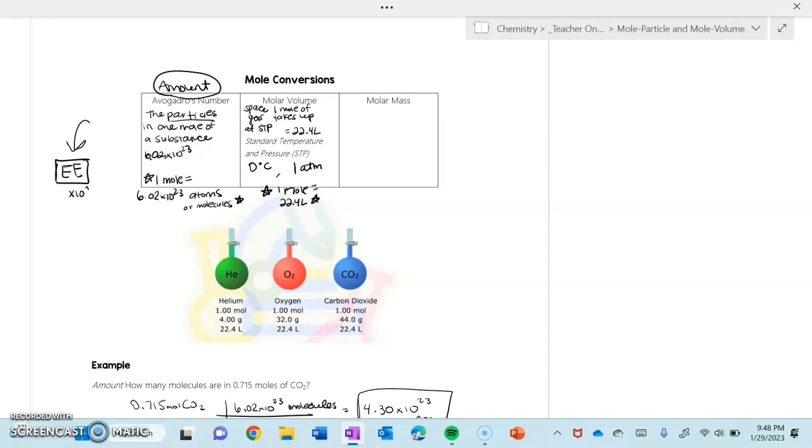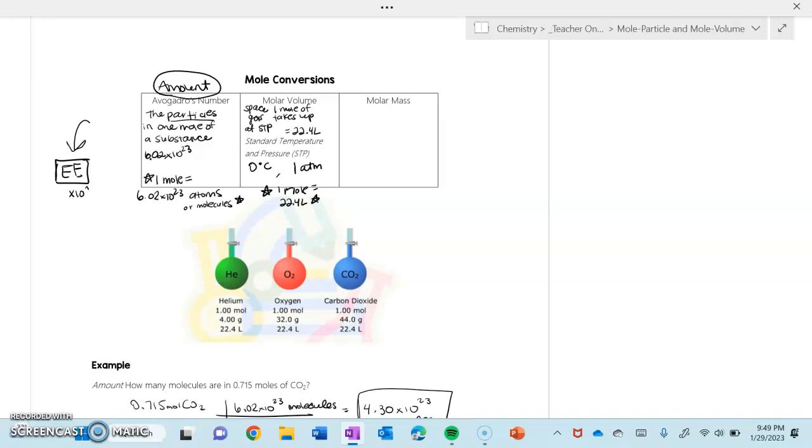And if you ever need to find milliliters, just remember the metric conversion. You have an additional conversion factor that you know that 1,000 milliliters is equal to 1 liter. So you can also use that to help you convert to milliliters. Our third conversion factor we introduced last week, and I've written it here again so that we can see all three of our mole conversions side by side.